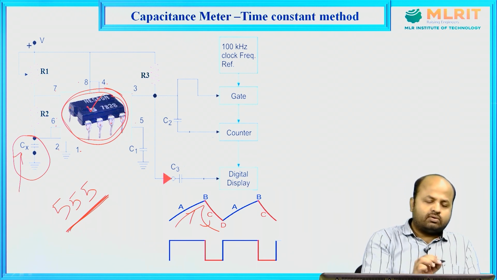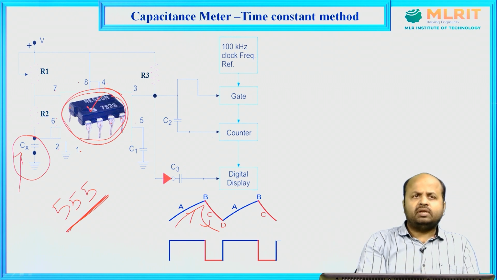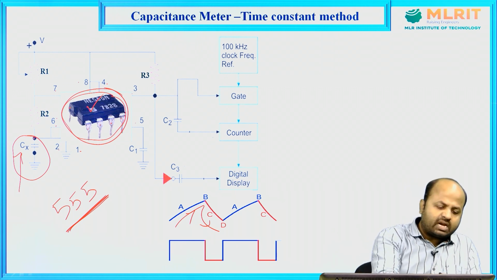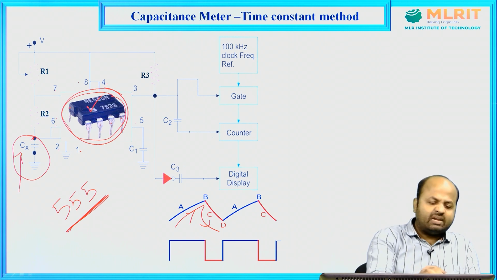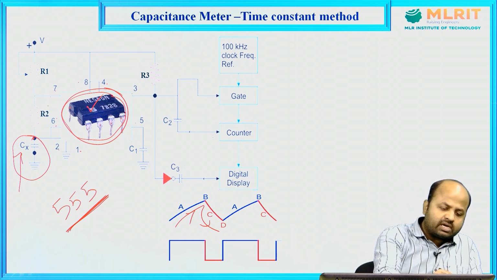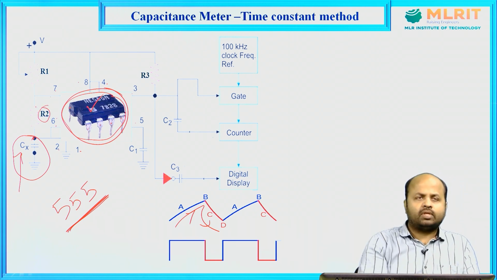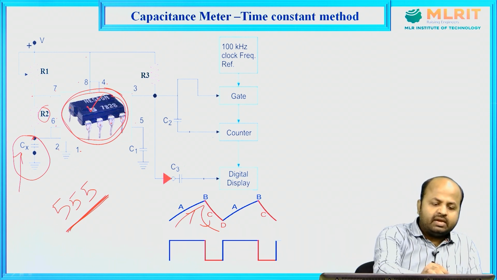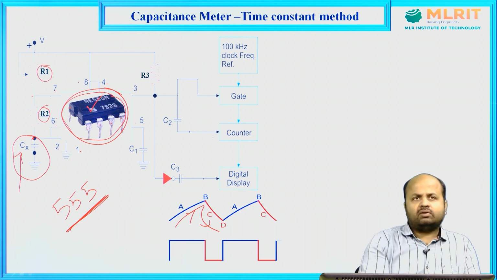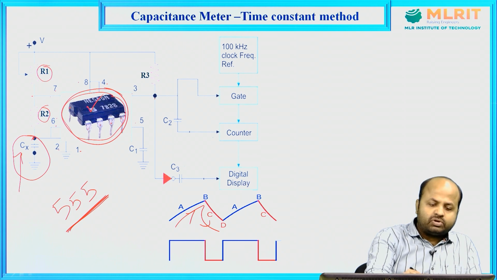Between 2 and 7 connect one resistor R2. Between 7 and 8 connect other resistor R1. And between 3 and 8 connect other resistor R3.